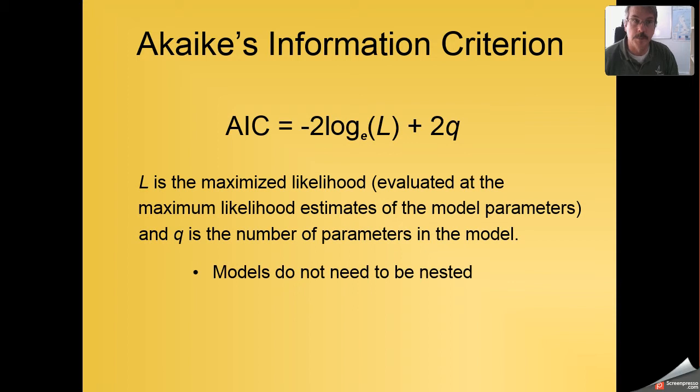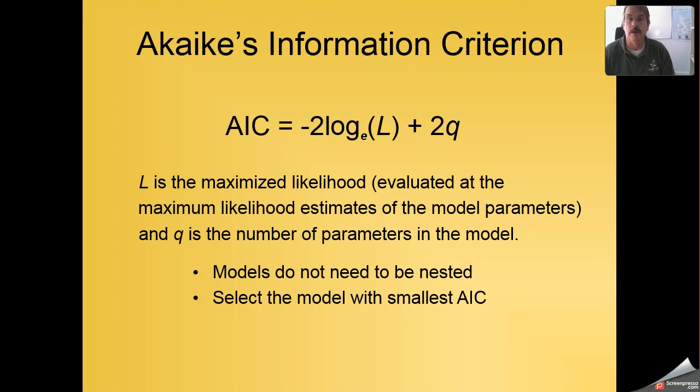This makes a very simple device that we can use to try to decide what model is most appropriate for the data that we've collected. There are some nice properties here. We don't have to have the models living inside one another, nested within one another. The criterion that we use to decide what our most appropriate model for our data is to use the model that has the smallest AIC. And that gives us a relative measure of fit.